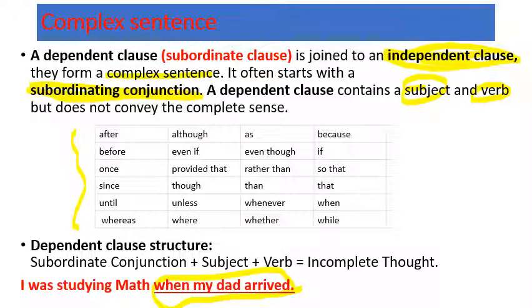If we cover I was studying math and we look at the meaning of the other part of the sentence, when my dad arrived, you see that this sentence needs something to complete the idea. That's why it needs an independent clause. Look carefully, it needs an independent clause to complete the meaning. Okay?